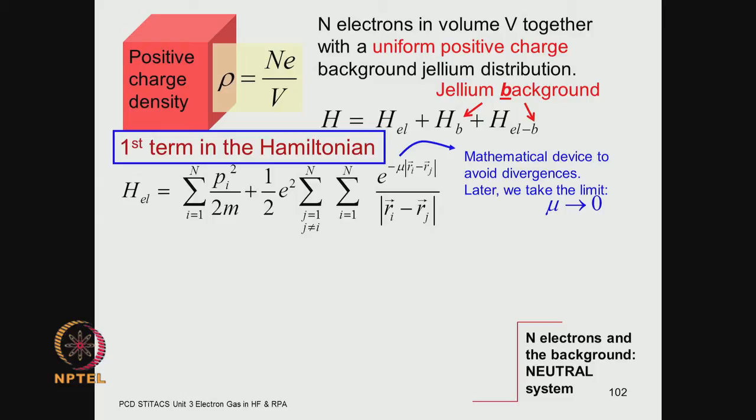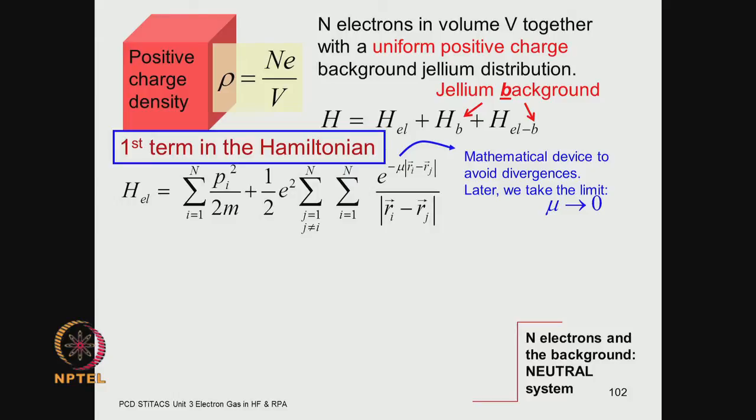Now, this has certain advantages, and you will begin to see these advantages very soon. This is just a mathematical device which is necessary to avoid certain divergences that we otherwise get, but with this mathematical tool we can handle the divergence very nicely. So, this is the first term in the Hamiltonian.